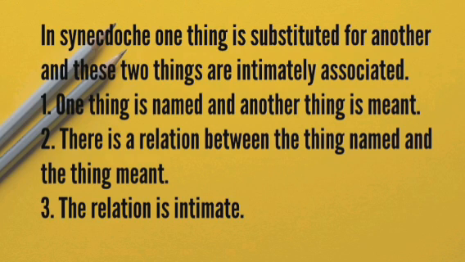P refers to the variety where it refers to part for the whole. So beside P you write part for the whole. What does part for the whole mean? In these lines where this variety of synecdoche is present, a part will be mentioned.